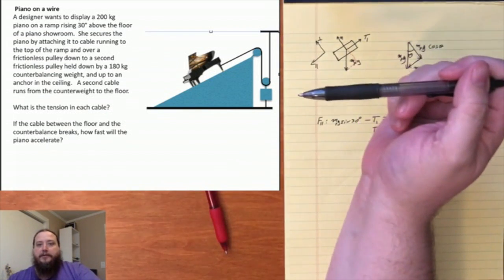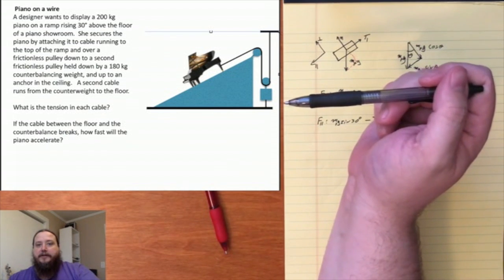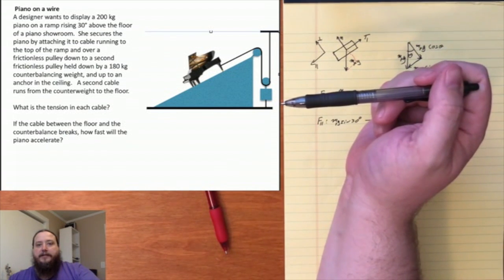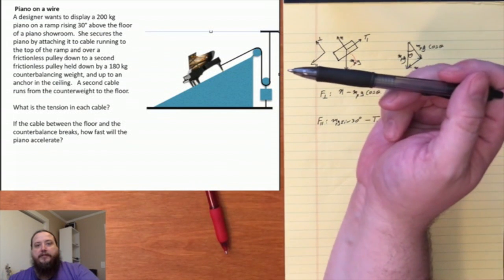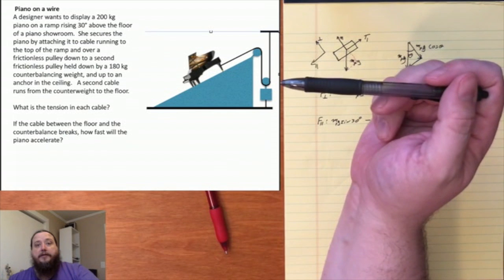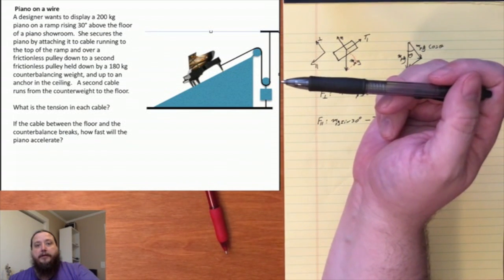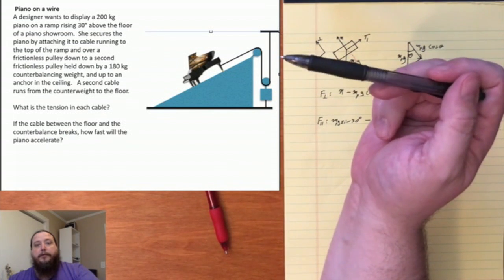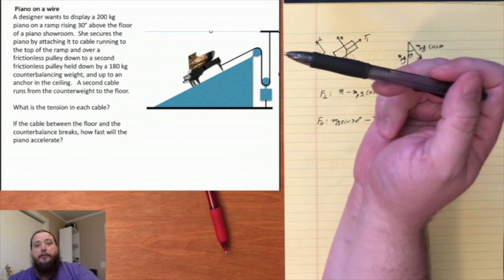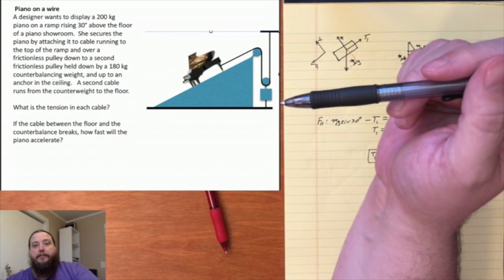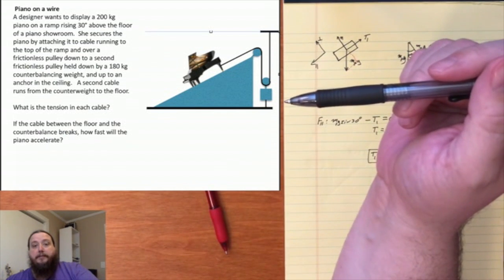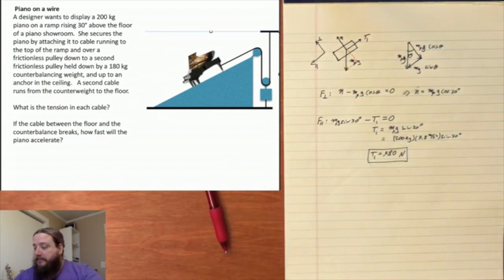Let me see if I can point at it. There it is, right down there, the one that's tying the counterweight to the floor. See up here, each of the tensions coming off of that pulley on the counterweight, both of those are pulling upward, and those are both the tension T1 that we just calculated. But this little bit of cable running from the bottom of the block to the floor, that's a different tension.